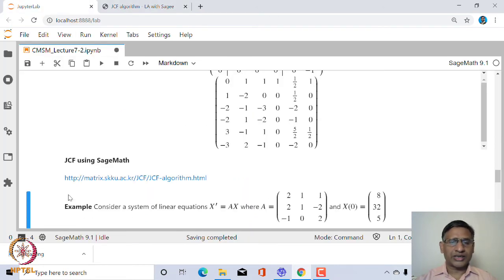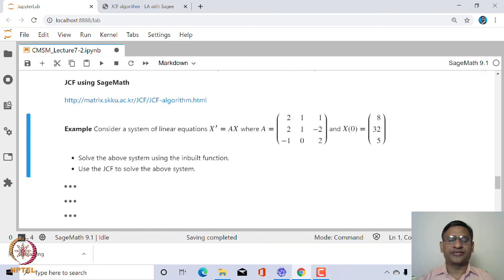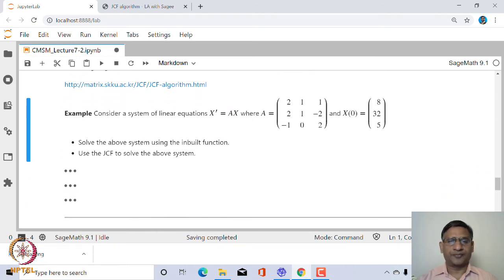Now let us look at how we can solve a system of ordinary differential equations using the Jordan canonical form. The procedure is exactly similar, except that earlier, in case A is diagonalizable, A was split into P D P inverse. In this case it will be split as P J P inverse, and so the exponential of a matrix A will be written in terms of exponentials of Jordan blocks, and the exponential of Jordan blocks is also very easy to find.